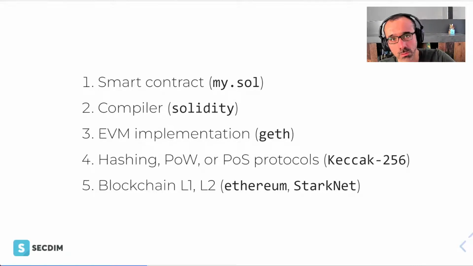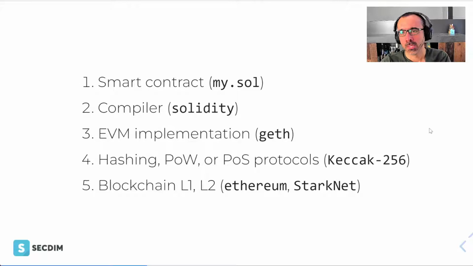And this code, like many other code, can have security bugs. And these security bugs, we will see toward the conclusion of this talk, are quite different from what we are used to in a non-smart contract world.